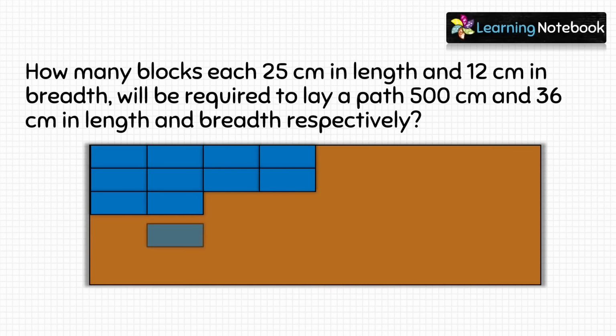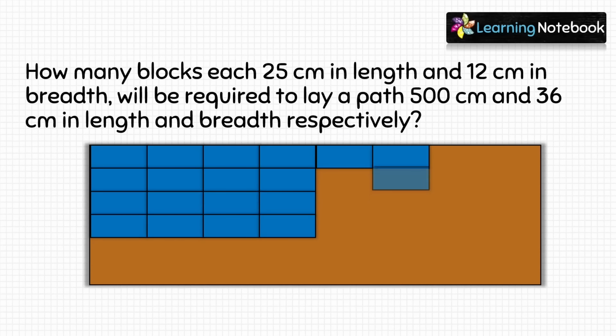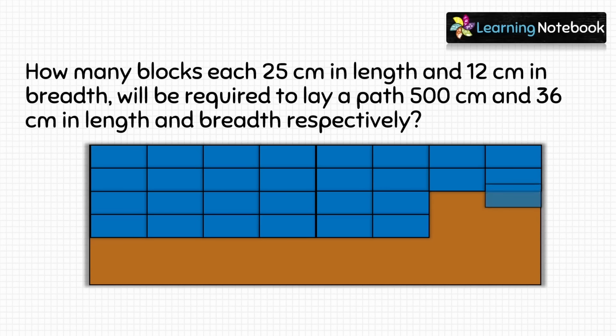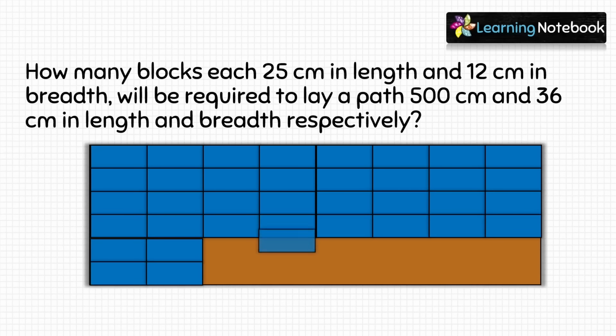And in the question, it is given that each block measures 25 centimeters in length and 12 centimeters in breadth. And we need to find how many such blocks are required to cover this path completely.